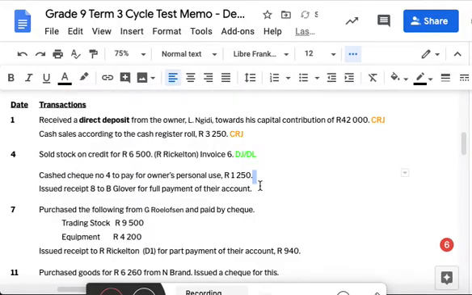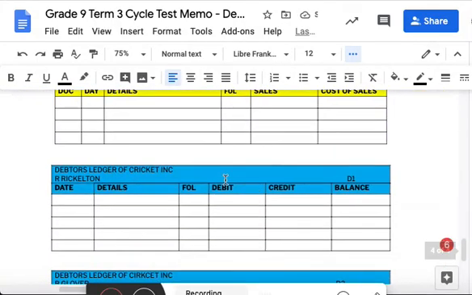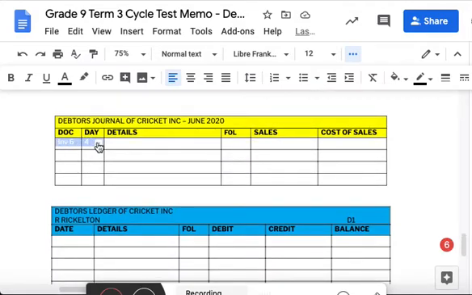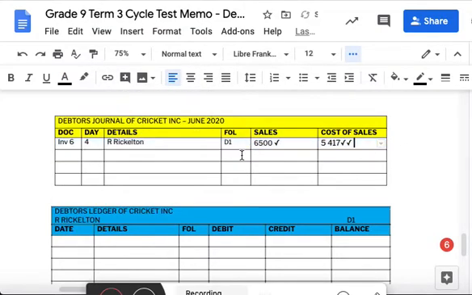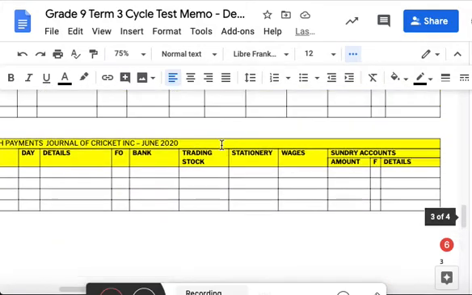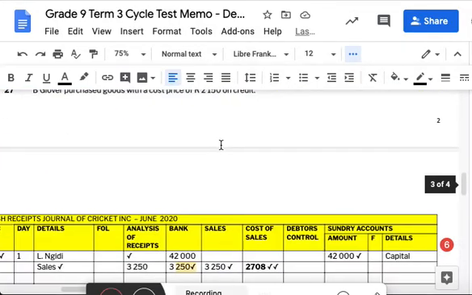Okay. So if we go down to the debtors journal, the date was the 4th. We used invoice number 6, and Rickleton bought from us on credit, right? The document they give us, invoice number 6, the date they give us, they tell us who the debtor is. Up at the top, they tell us that he's D1.